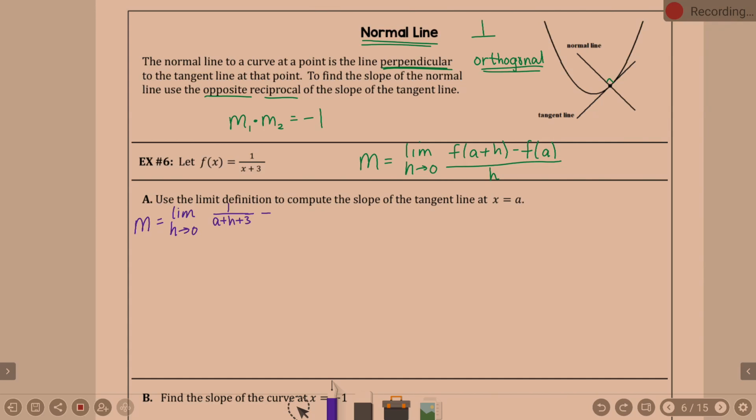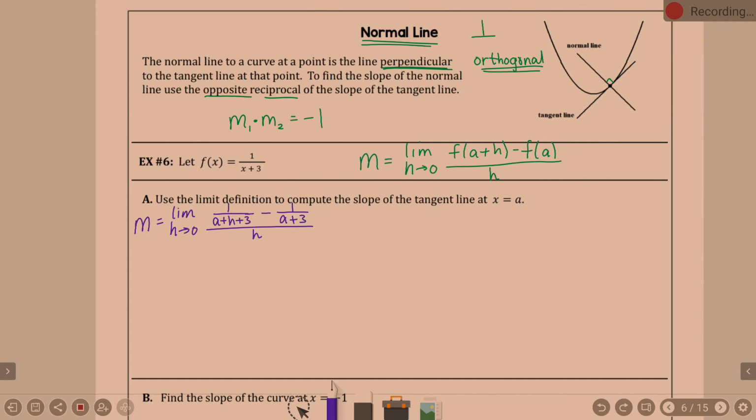What's f of a look like? Every place I see an x, I'm putting a. So 1 over a plus 3, all over h. Okay. Fun stuff here?